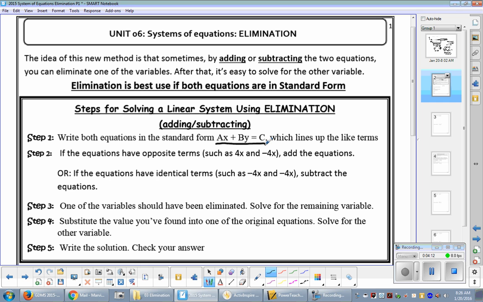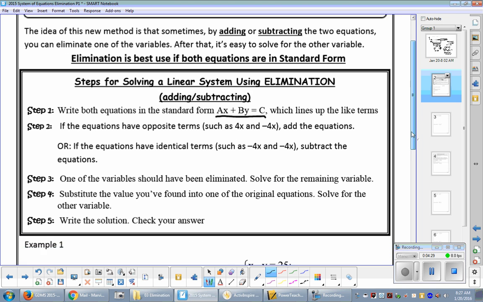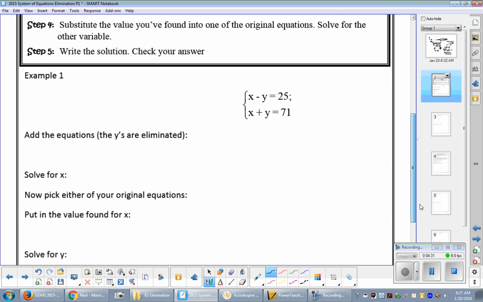So once you add or subtract, one of the variables will be eliminated, and we will now be able to solve for the remaining variable. We'll show these steps in this example number 1.